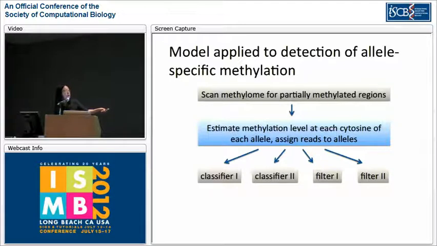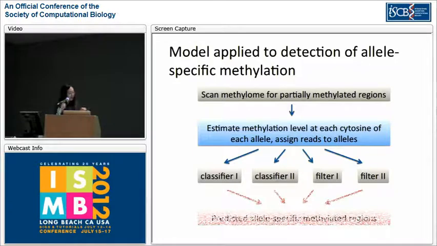So this is the core of the model, and for pre-processing, we scan the entire methylome for partially methylated regions, because really there's not much point in looking at regions without any methylation or with very high methylation, because clearly they're not allele specific. And then once we obtain the estimated methylation levels, we send this through some classifier filters, and in the end, we announce whether those are predicted allele-specific regions or not.